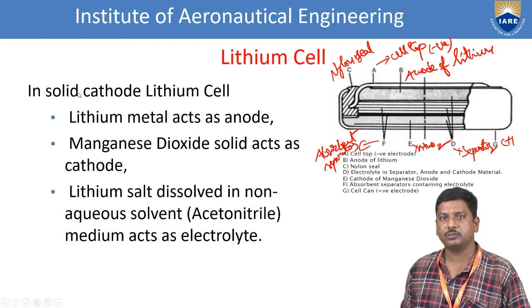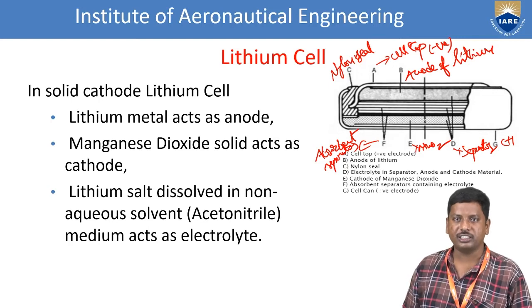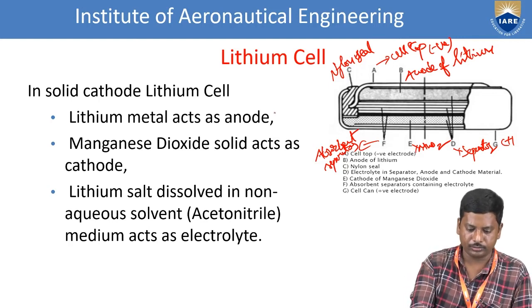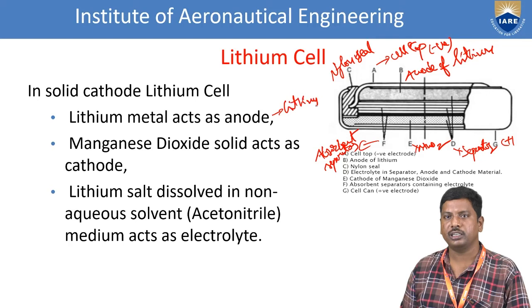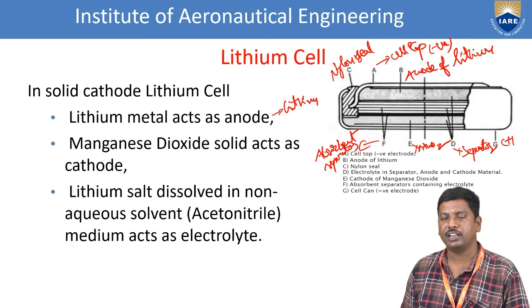In the lithium cell, lithium metal acts as the anode. This is very important. What is the anode? Lithium metal. Lithium is present in the first group of the periodic table, and it is a rare element, so the cost of the cell is higher compared to the Leclanche cell.